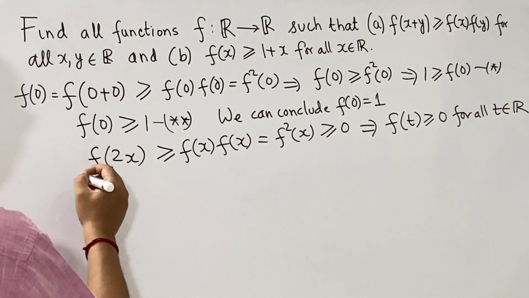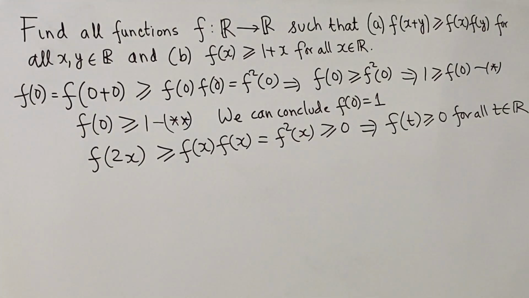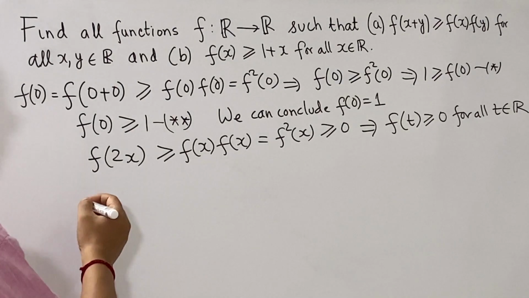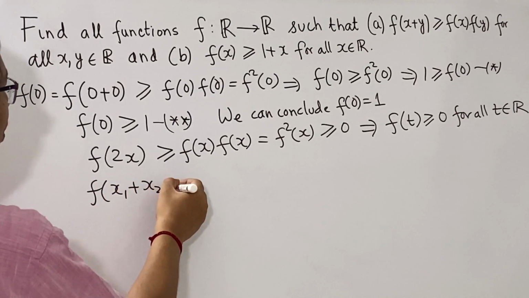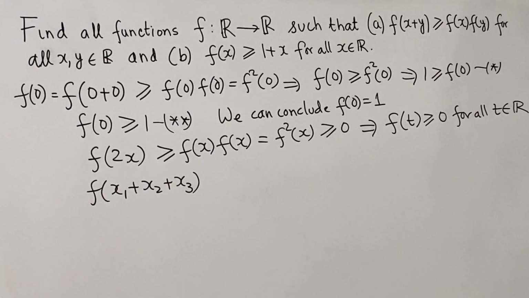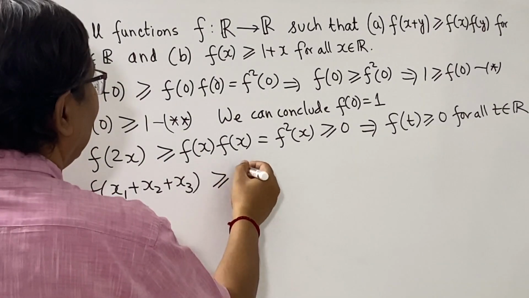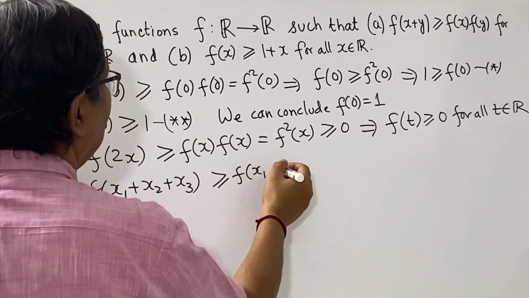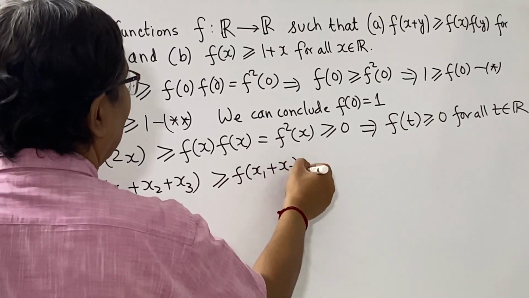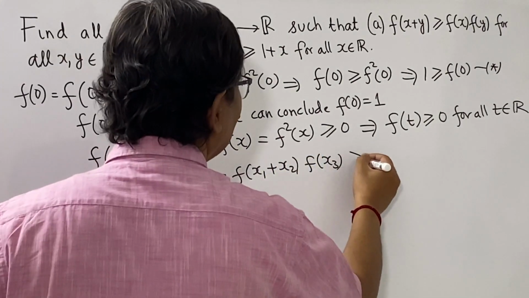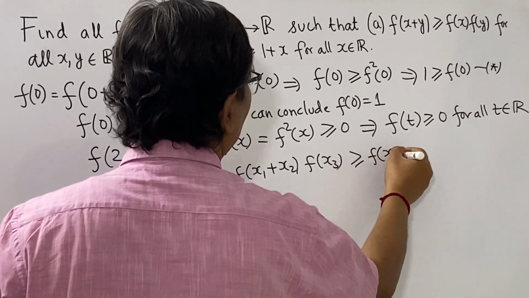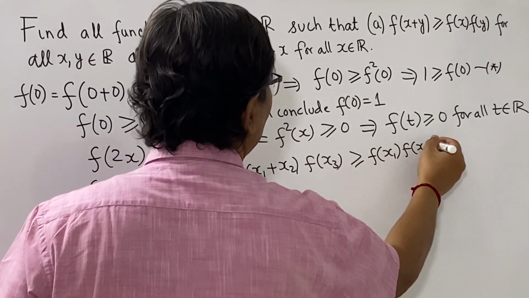Now we note that while we are given that f of x plus y is greater than or equal to f(x) into f(y), we can use this to conclude that, say, f of x1 plus x2 plus x3, where x1, x2, x3 are three real numbers, is greater than or equal to f of x1 plus x2 into f of x3 by part A, and that is greater than or equal to f of x1, f of x2 into f of x3.